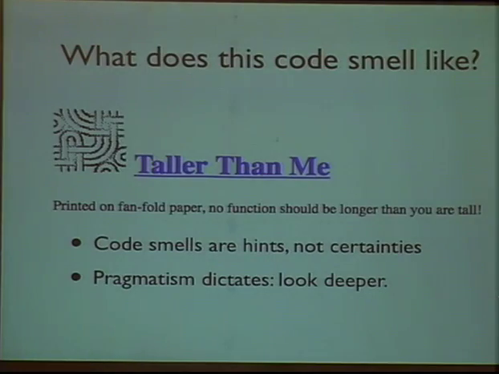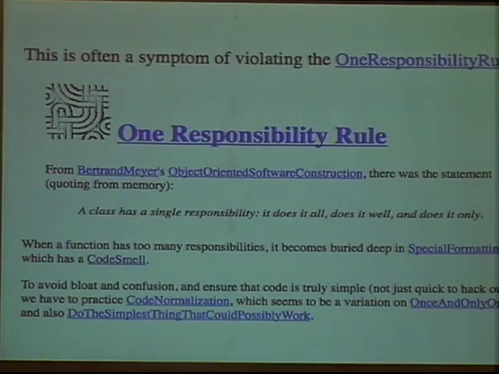Bear in mind, a code smell does not absolutely guarantee that something is wrong in your code, but 9 times out of 10, when you see something that looks funny, that's a sign to look deeper. When you have too much stuff going on in one function, sometimes you are violating separation of concerns. A function should do one thing and do it well.